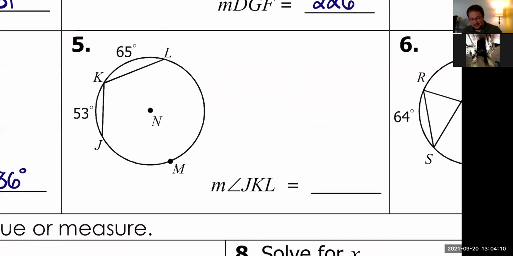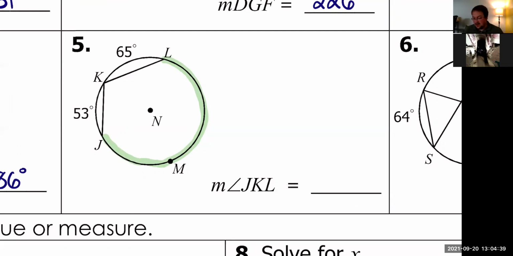Number 5, this one's a little bit sly because what it's given us are two arcs that have nothing to do with the inscribed angle JKL. So unfortunately, I can't find angle JKL unless I can find this arc right here.